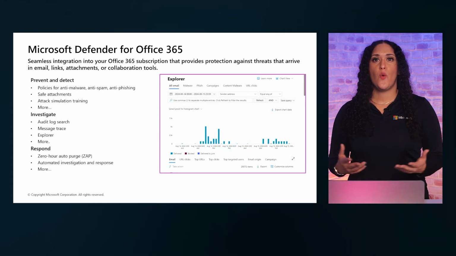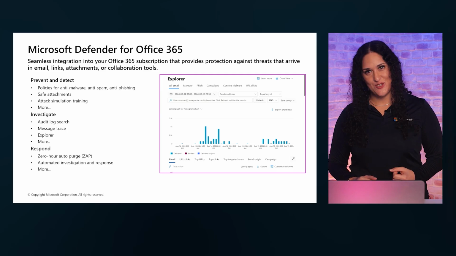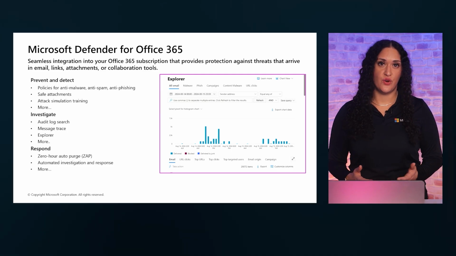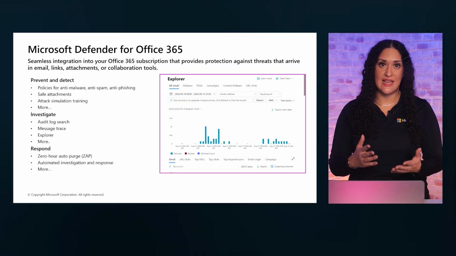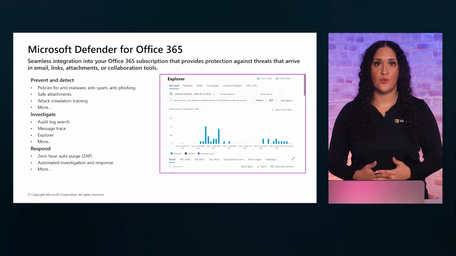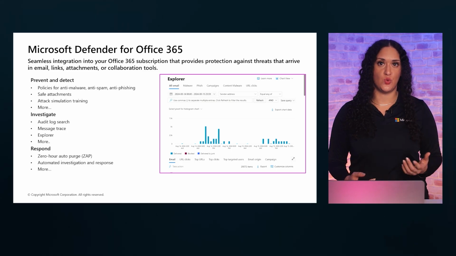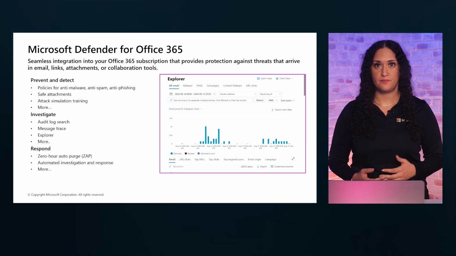Now let's zoom into one of Microsoft Defender's key components that focuses on a very common attack surface: email and collaboration. Microsoft Defender for Office 365 is built directly into Microsoft 365 and protects users from threats that arrive through email, links, attachments, and even collaboration tools like Teams and SharePoint.